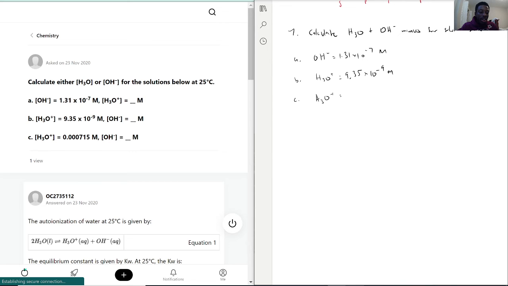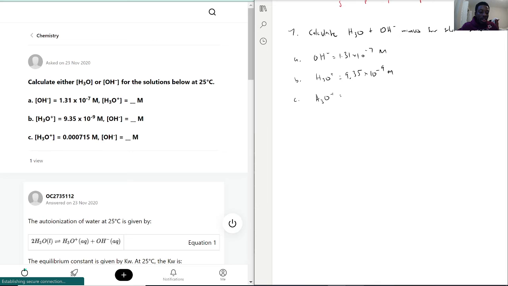And then the formula we also have is 14 is equal to pH plus pOH, because if you add the pH and pOH together, you should get the answer 14. So you can rearrange it, if you wanted to find pOH from pH, you would subtract pH from 14. Okay, and we'll do that with these questions.